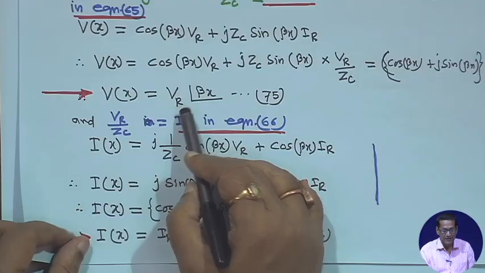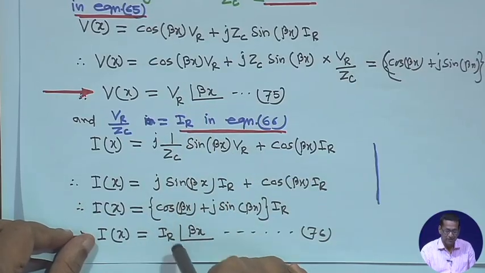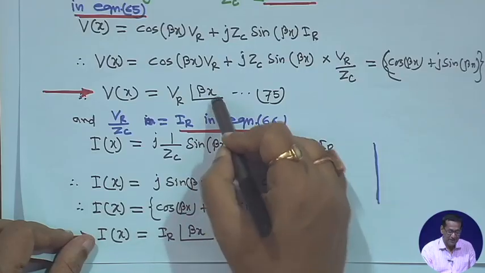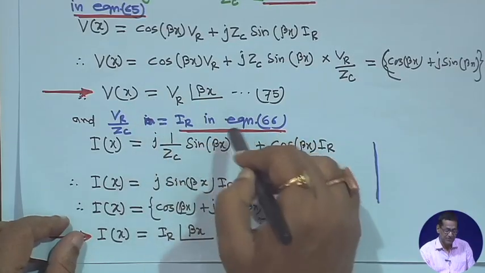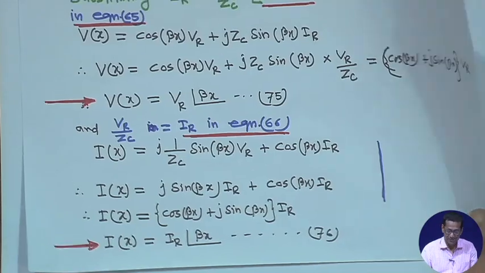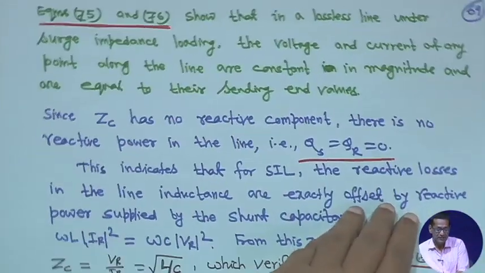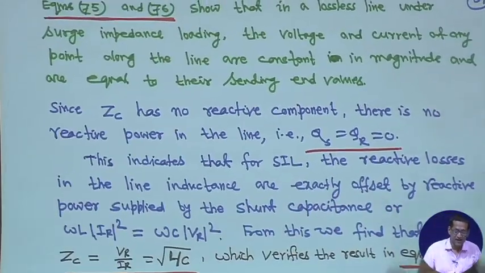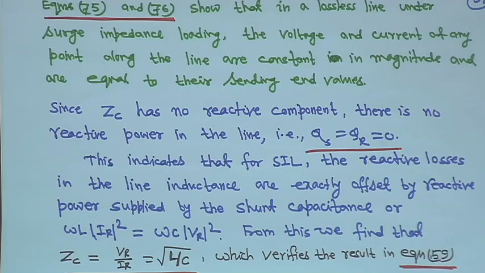VR is totally independent of x, and IR is totally independent of x. So at every point Vx and Ix both remain same. It shows that in a lossless line under such impedance loading, the voltage and current at any point along the line are constant in magnitude and are equal to their sending end values.